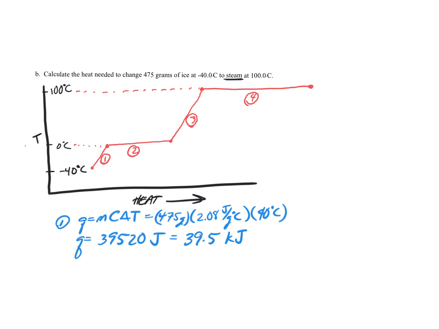That would be for liquid water. This is solid water. Okay? And then that temperature change going from minus 40 to 0, that's a 40 degrees Celsius temperature change. So the amount of heat that went into that ice to make that happen is 39.5 kilojoules.